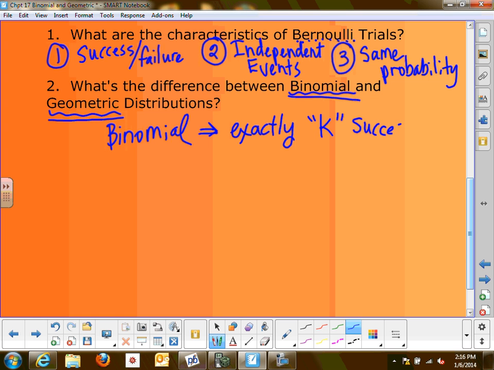So I want to know the probability of you getting stopped at a red light exactly 2 out of the 5 days that you're driving to school. Exactly K successes out of N trials. Each day driving to school would be a trial.